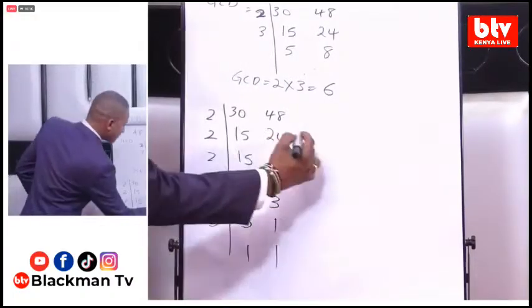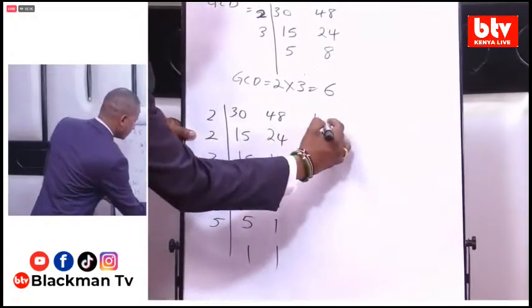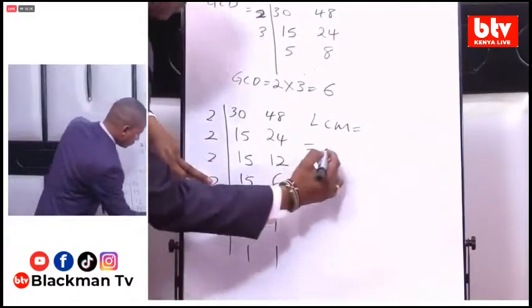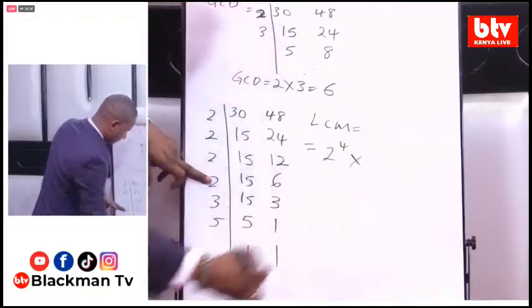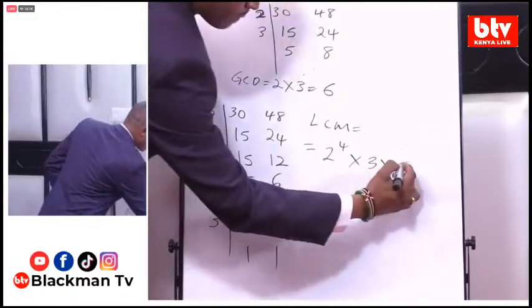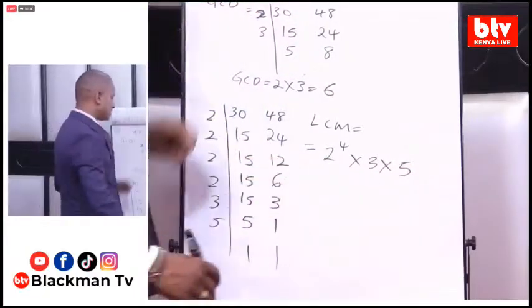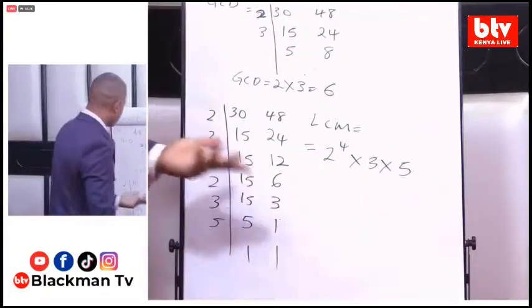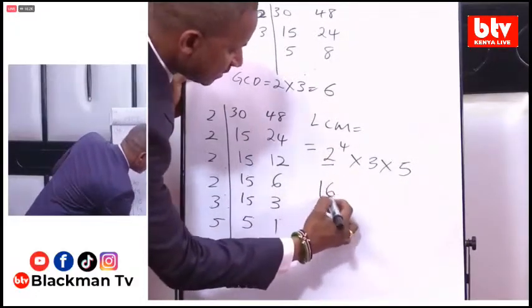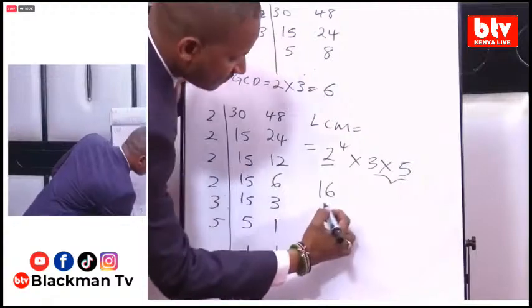So what is our LCM of this? LCM equals 2 raised to power 4 times 3 times 5. You can leave that answer in that form, or you can multiply. 2 raised to power 4 is 16 times 3 times 5 is 15.